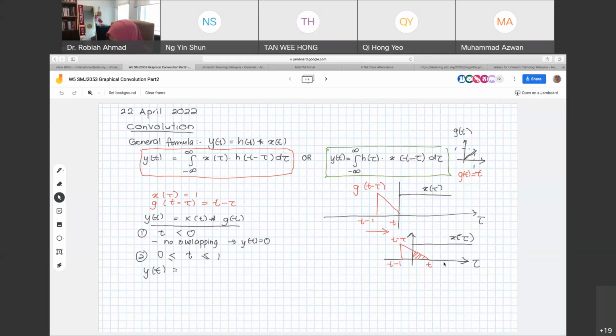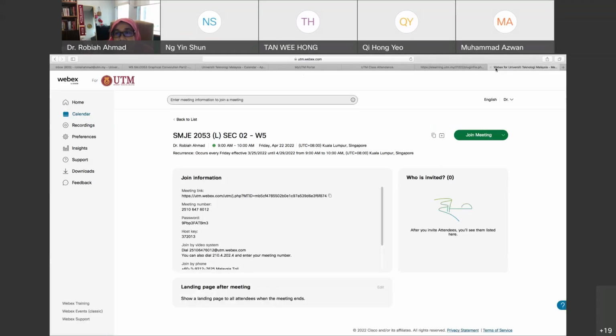So what is the limit here, the interval here? 0 to t, yes. 0 to t, if you look here. So we have x(tau) is 1 times g(t minus tau) d tau. So let us look at the solution here.